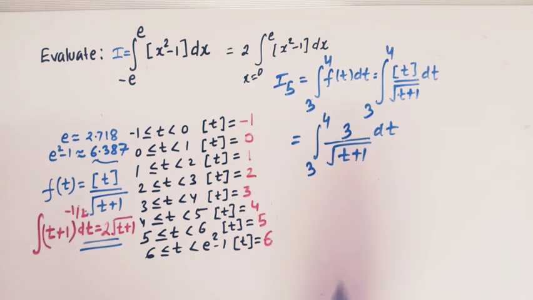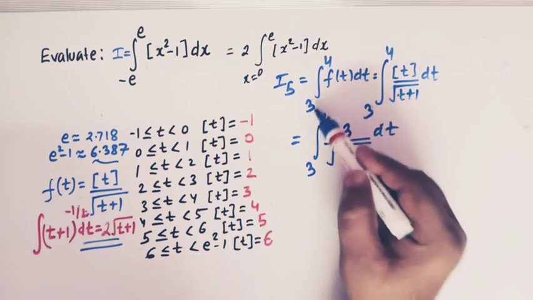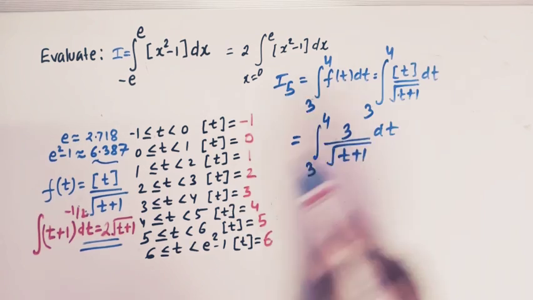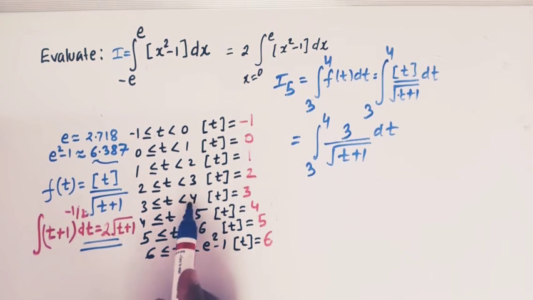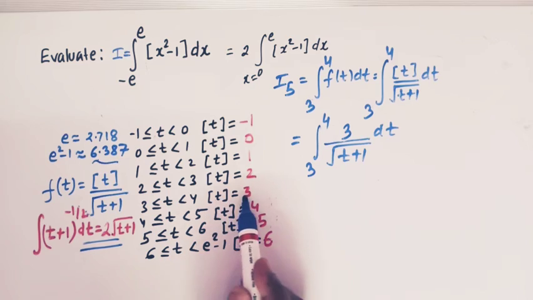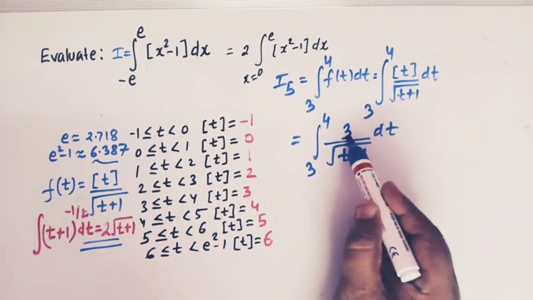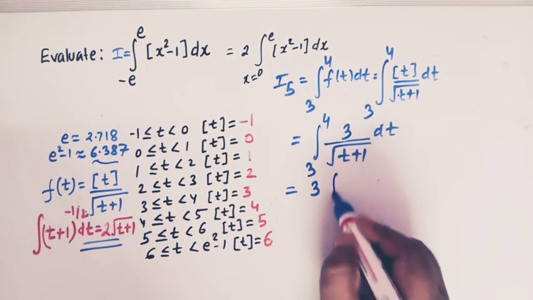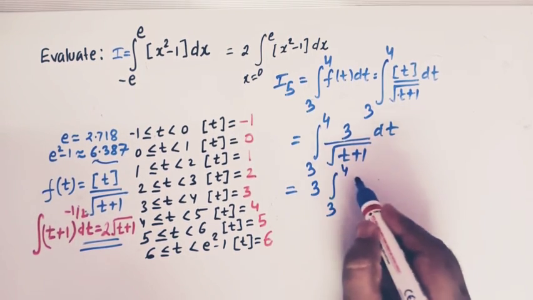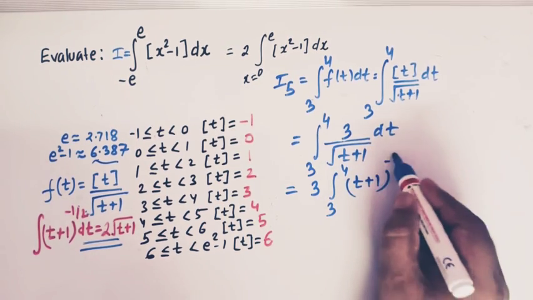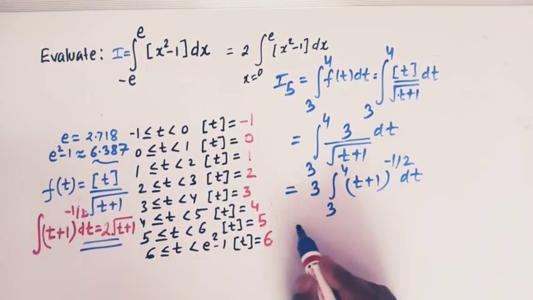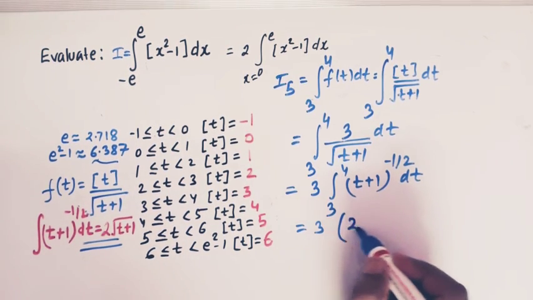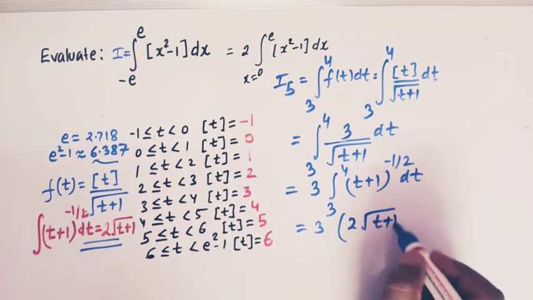So now the value of I5 is from 3 to 4 of f(t) dt, and here when t lies between 3 and 4, the value of greatest integer t is 3. So here we'll have 3, taking 3 outside. So we have the integral from 3 to 4 of t plus 1 raised to minus half dt, and here we'll have 3, and again using this integral, here we have 2 times the square root of t plus 1.